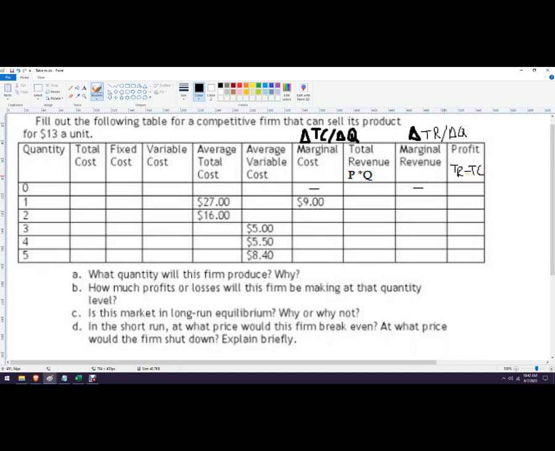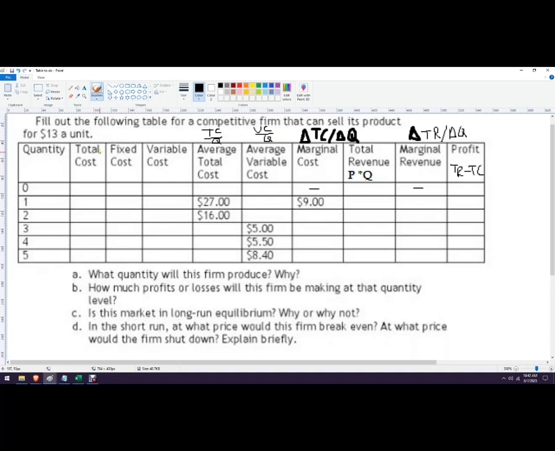Over here, average total cost is total cost divided by quantity. Average variable cost is variable cost divided by quantity. And there's another formula that you can use here. Total cost is fixed cost plus variable cost.